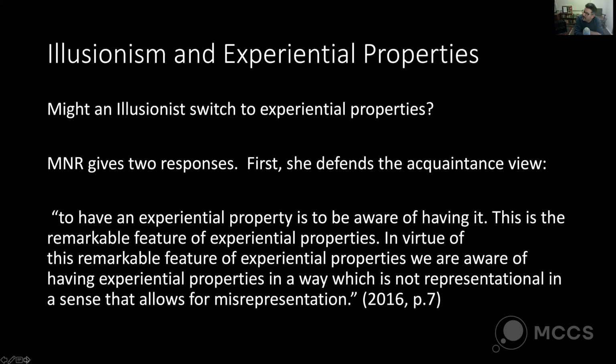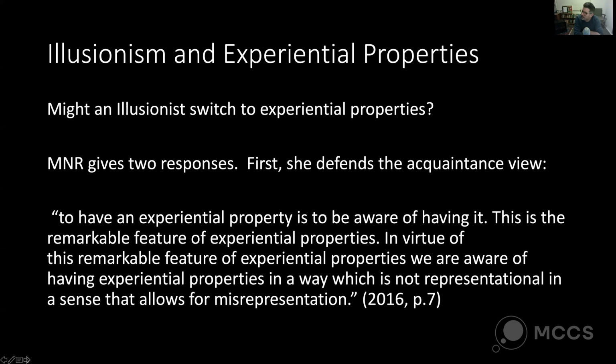So this is rather similar to the idea that we looked at last time. It's that if you have an experiential property, then last time we put it as if you're in a conscious state. An acquaintance view says you're in a conscious state if and only if you are acquainted with being in this state. And that would say that you can't be acquainted with being in the state without being in the state.